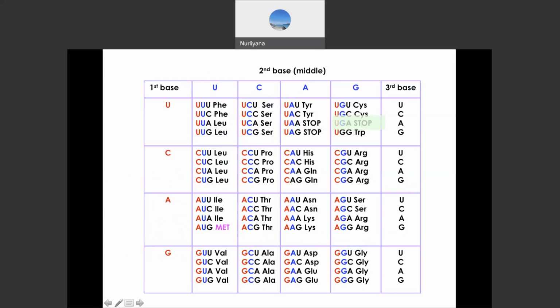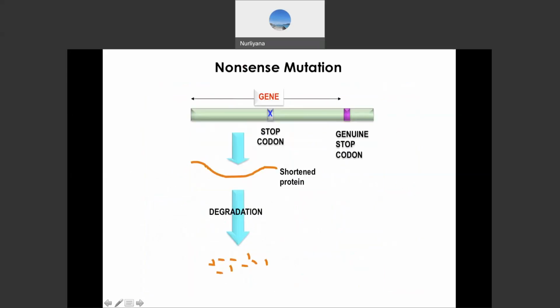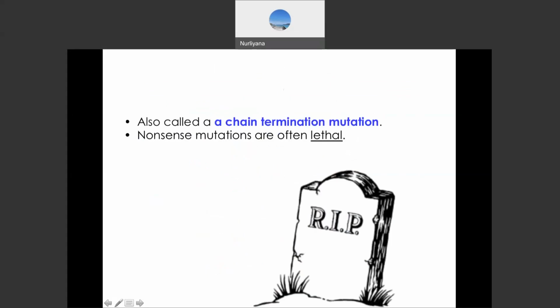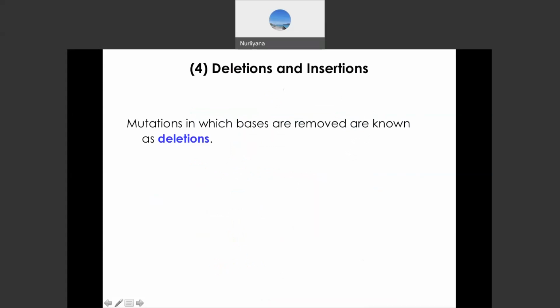This is the UGA stop codon. One diagram shows that the process of translation cannot be finished, and when it stops before it finishes, this protein will not be functional, and it has to be destroyed from being used. These are also called chain termination mutations, where nonsense mutations are often lethal.